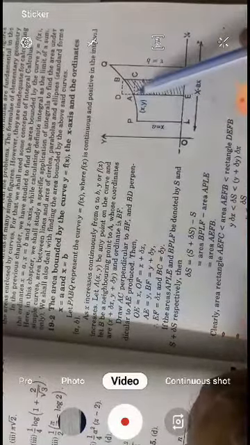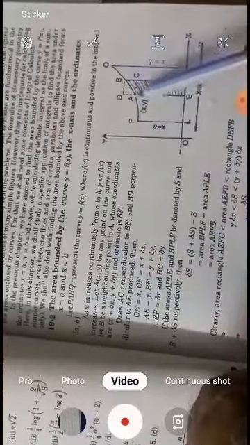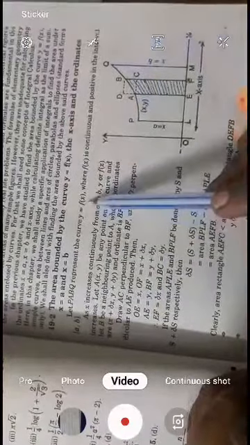Let us draw a diagram, PABQ. This is the graph of the curve y equal to f(x), where f is continuous and positive in the interval [a, b].